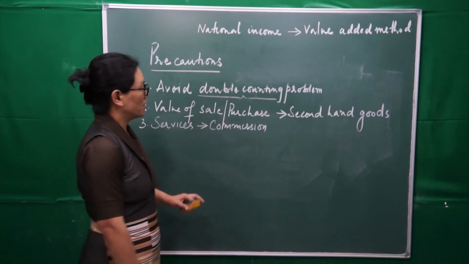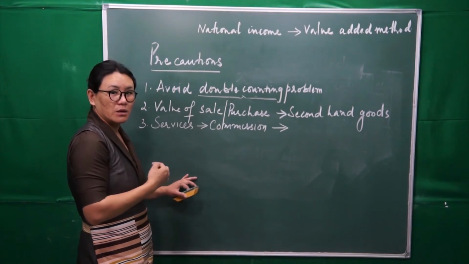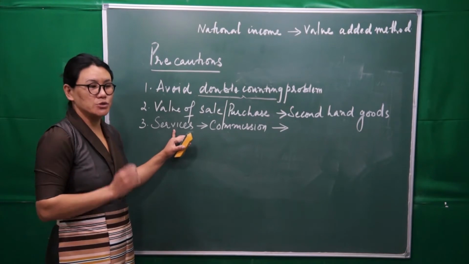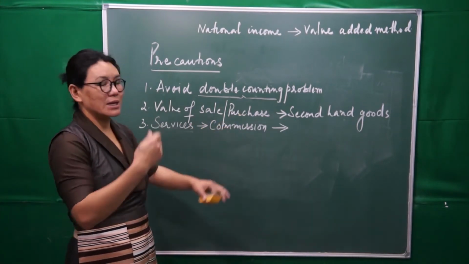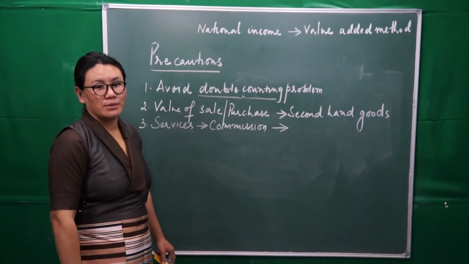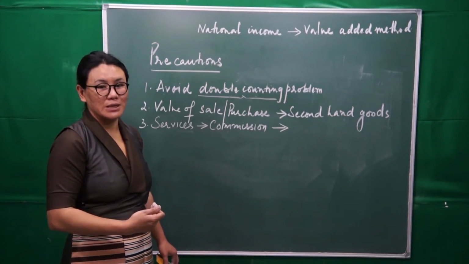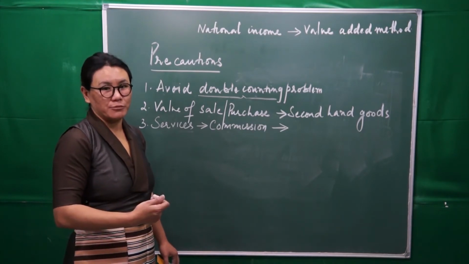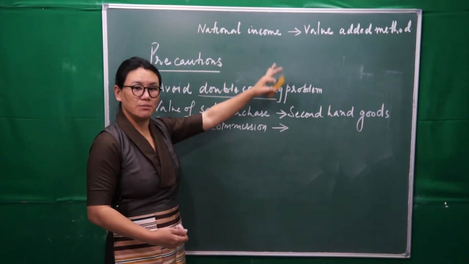Why? Because this commission we are getting for what? For rendering services. We're doing a job. Say for example, selling second-hand goods. If I'm selling second-hand goods, that is a service I'm rendering, and I'm getting an income for this service, then this will be included in this value added method.